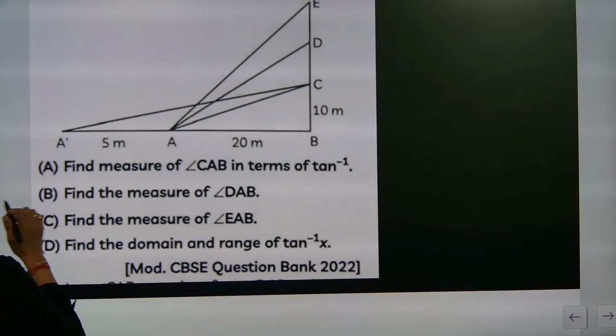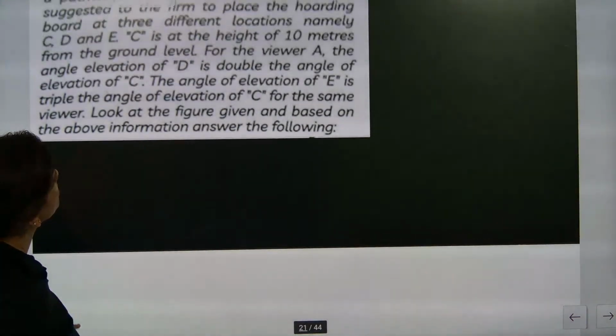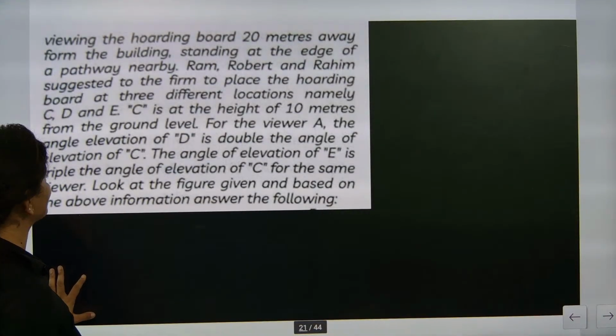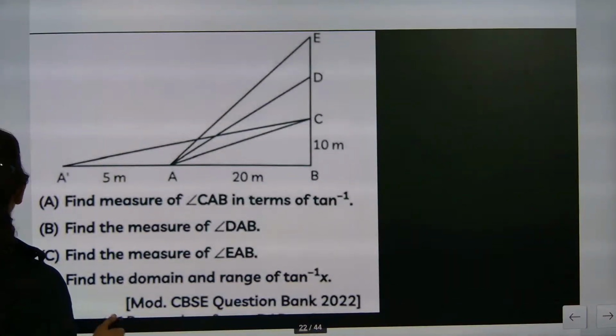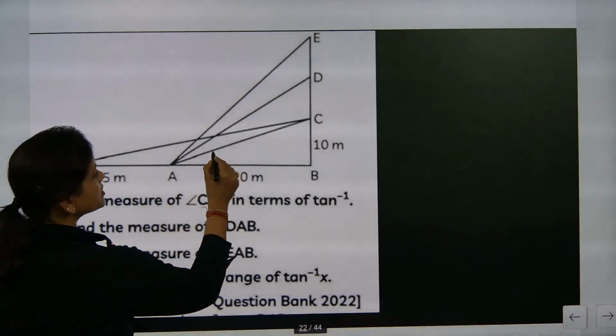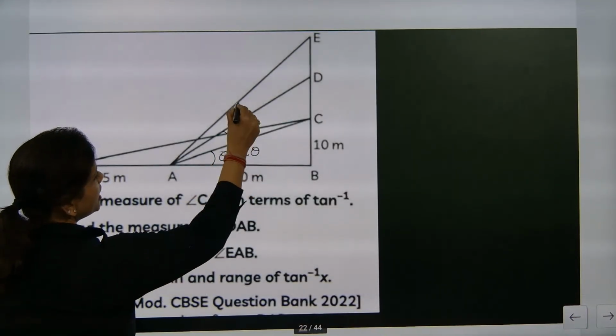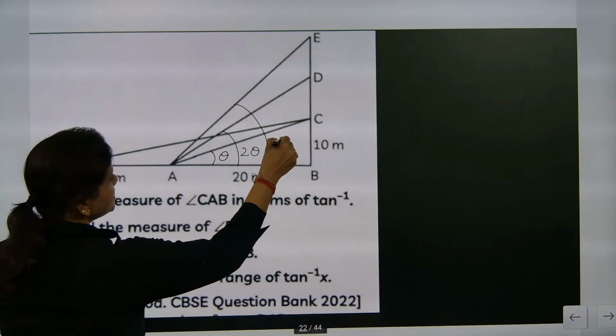Here they are telling, after that they did hold f dash. Okay, the figure itself they have given. So here I am going to draw this section. This angle is theta, this angle is 2 theta, and the bigger angle is 3 theta.